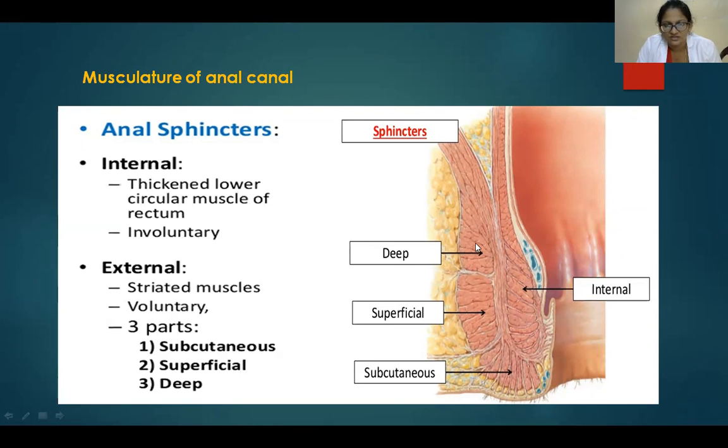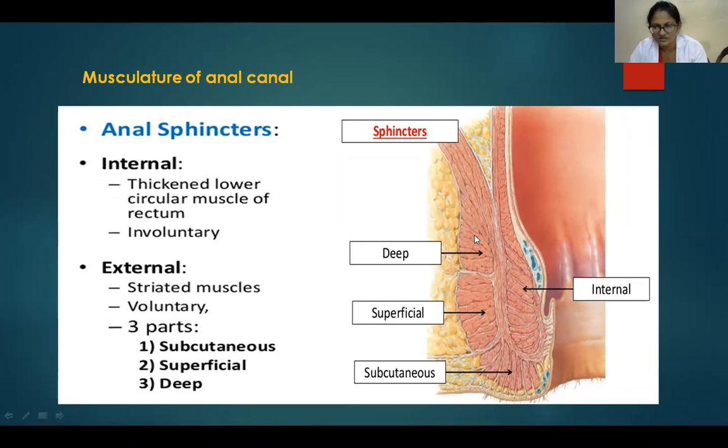Next, this is the external anal sphincter. It is a striated muscle, a voluntary muscle, whereas the internal sphincter is an involuntary muscle. The external sphincter is divided into three parts: subcutaneous part, superficial part, and deep part.